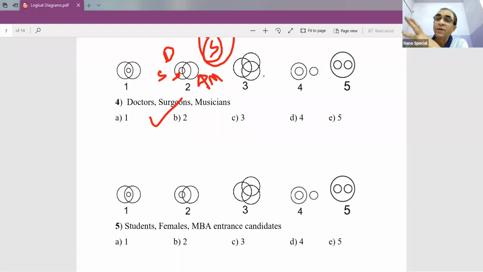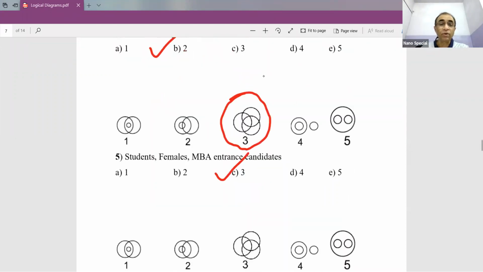There could be working professionals who would also opt for MBA entrance. So MBA entrance candidates do not form a subset of students. There may be an overlap, and therefore this is the figure we have already seen, where there is an overlap among all these sets. Therefore the answer is 3. Let's go on.